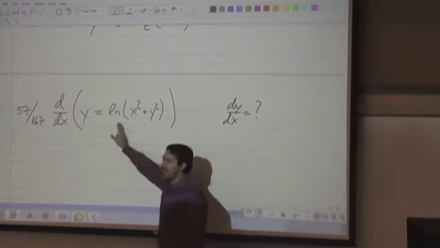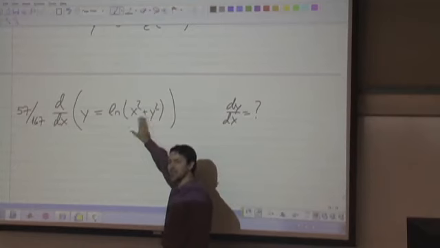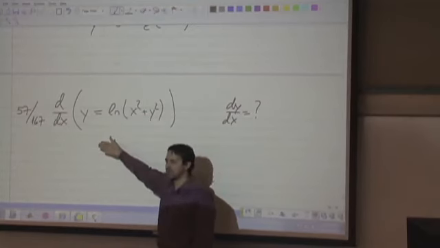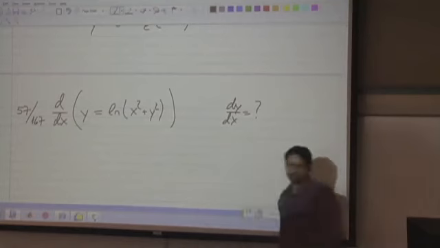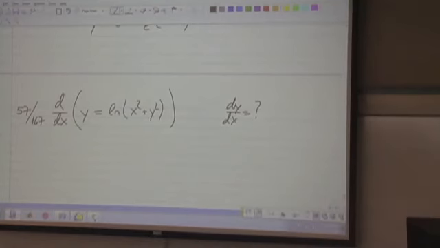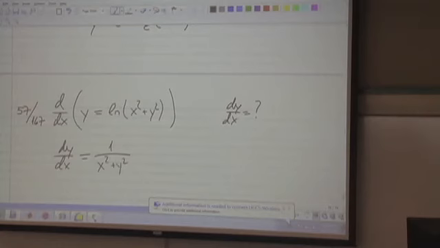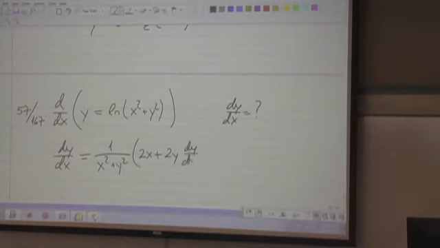It's ln of a function of y, and you can't actually solve it for y. So the left hand side is just going to be dy over dx. What is the right hand side? One over x squared plus y squared times 2x plus 2y dy dx. Right?